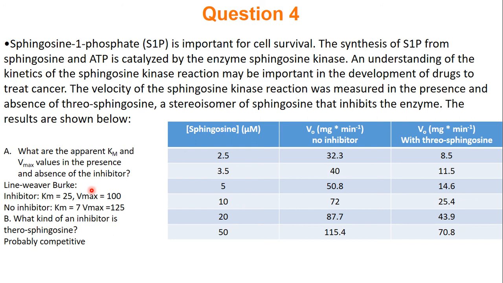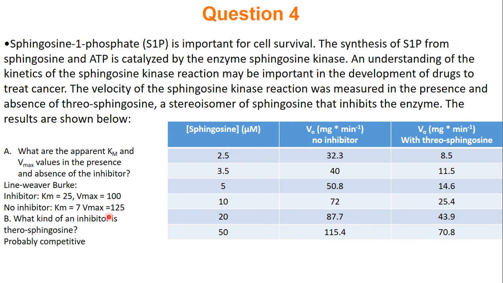So it could be competitive. And the reason I say that is that in real life data, it doesn't always match the theory. Sure, for competitive, our Vmax shouldn't change, and it doesn't change all that much.